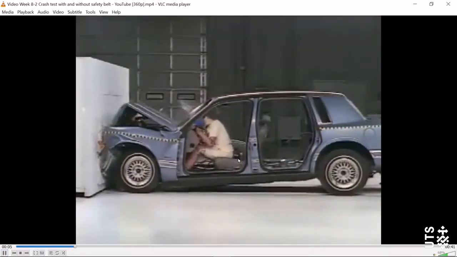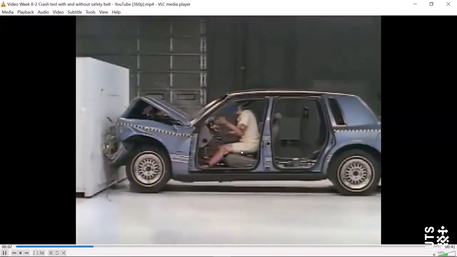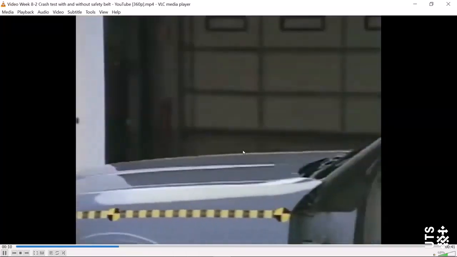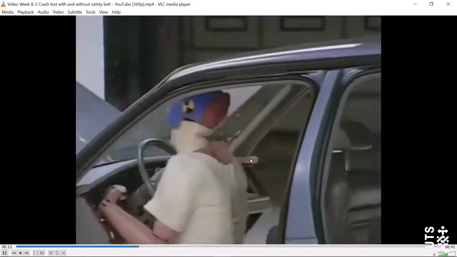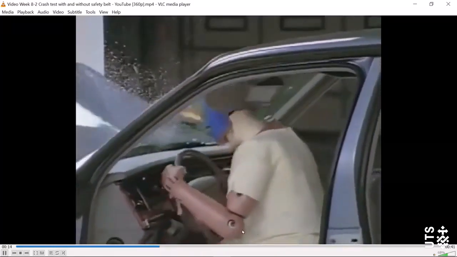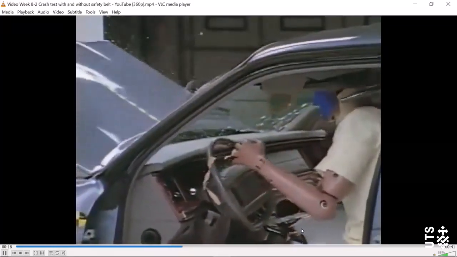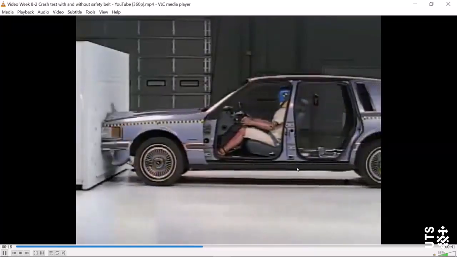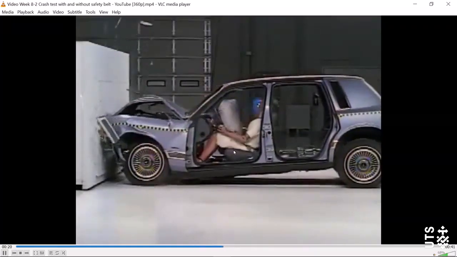Okay, look at here. Not only translation, but also rotation. So this is the general plane motion.